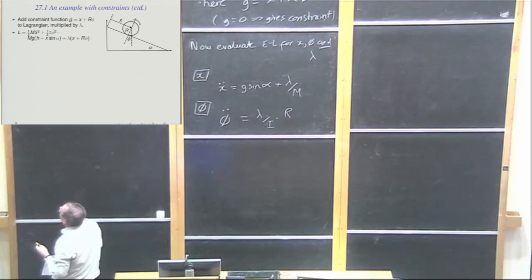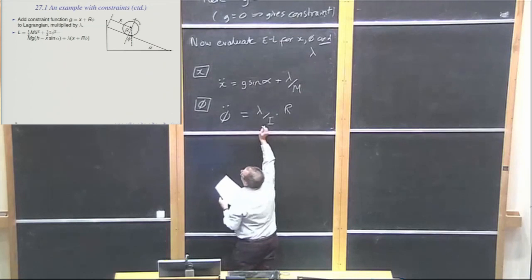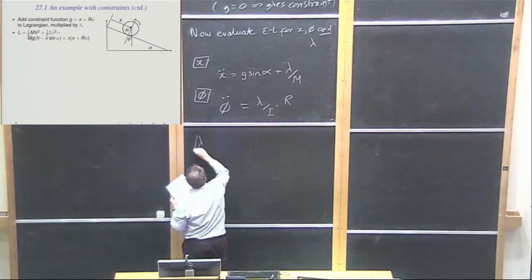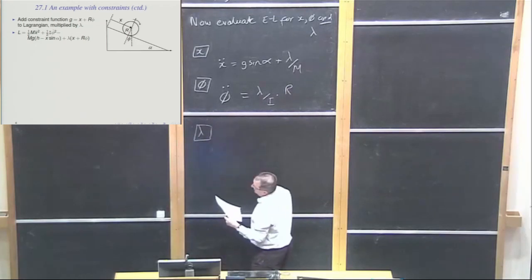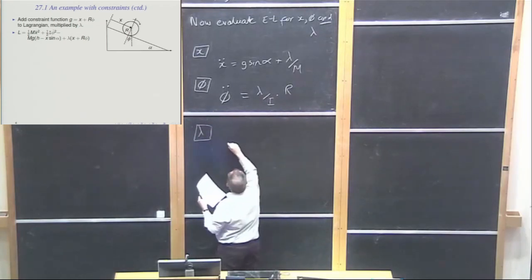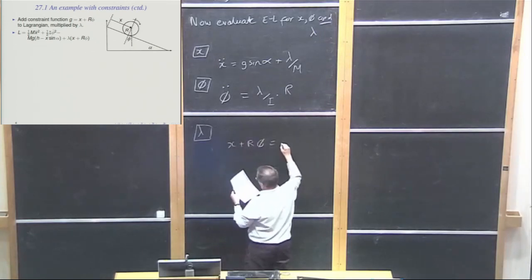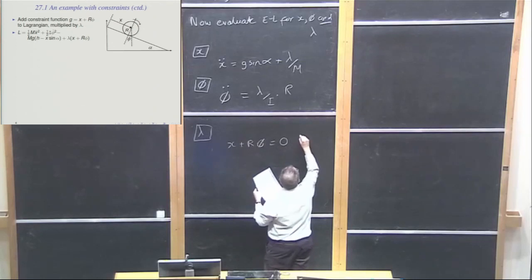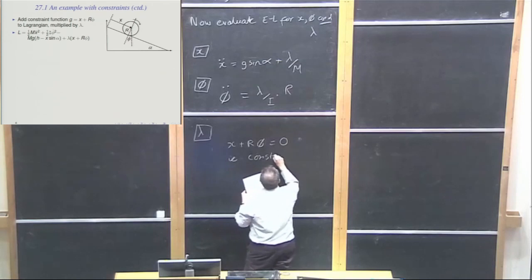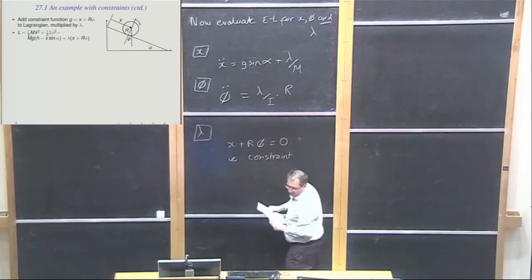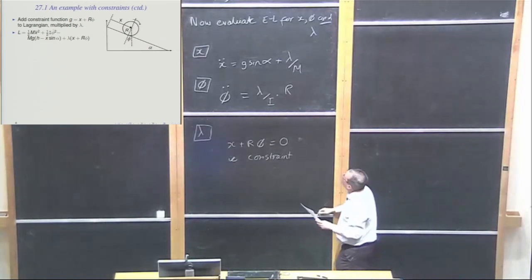So when we differentiate L with respect to phi, we get a lambda r. And then we must not forget to also evaluate the Euler-Lagrange equation for lambda itself. And this gives us that x plus r phi is equal to 0. And this, of course, is just the constraint. So the Euler-Lagrange equation applied for lambda will give you the constraint equation.